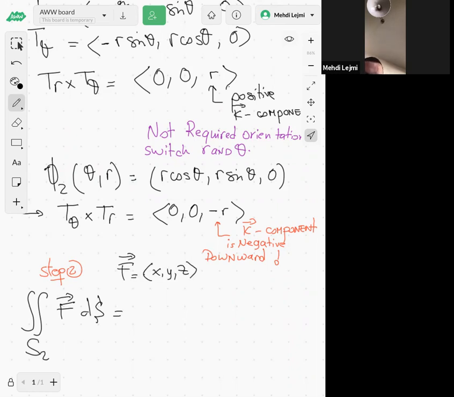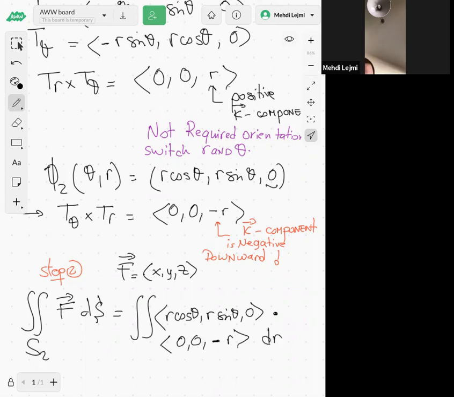The only difference here is that z is 0, it's not 2. So that will be the double integral of r cosine of theta, r sine of theta, and z is going to be 0, scalar product with my normal vector, which is 0, 0, minus r. Because that's the orientation required by the Gauss theorem.